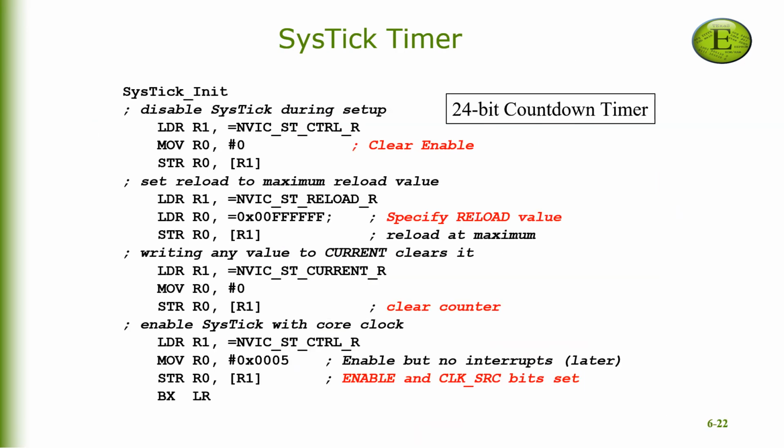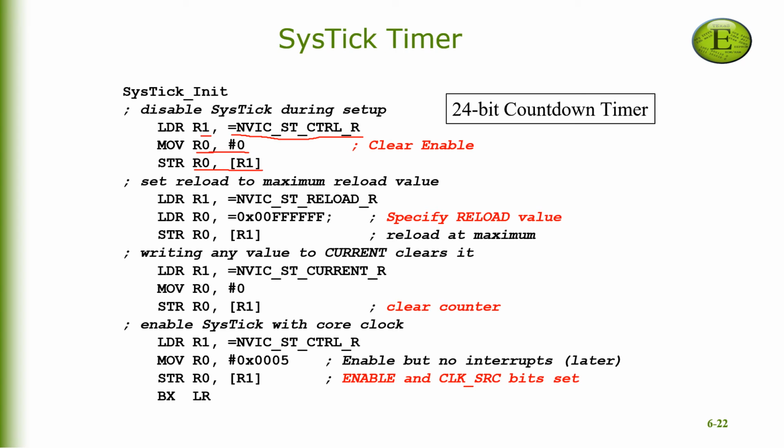Configuring the SysTick timer requires updating the contents of the three registers described in the previous slide. The 4 steps are implemented in assembly language as shown here. In the first part, we're going to load the address of the NVIC control register into R1, and then we are going to store 0 into register R0, and then store the value 0, which is in register R0, back to the address location containing the NVIC control register.